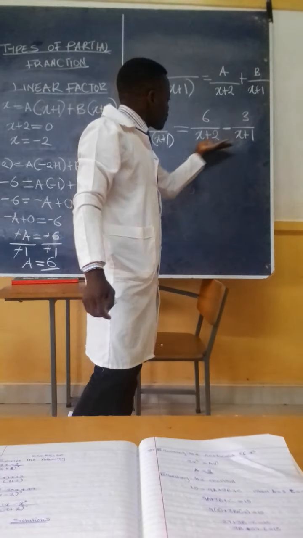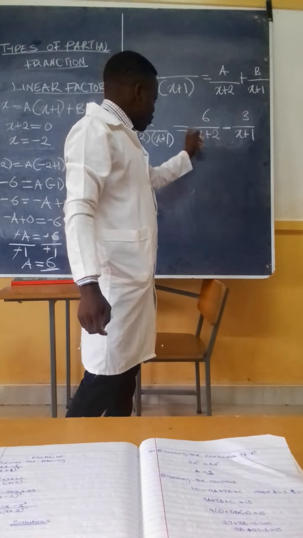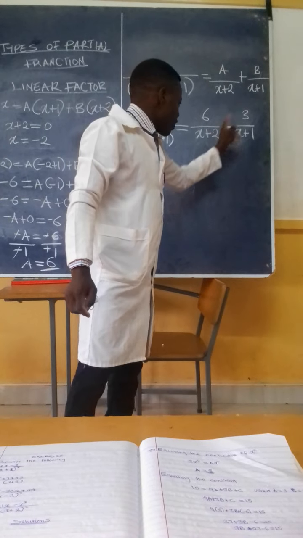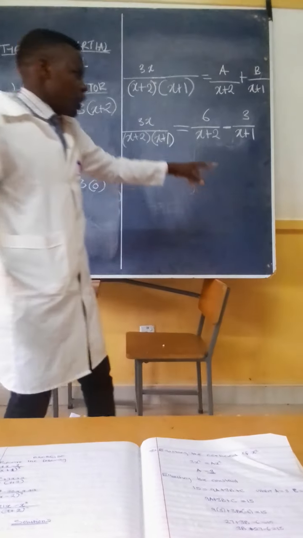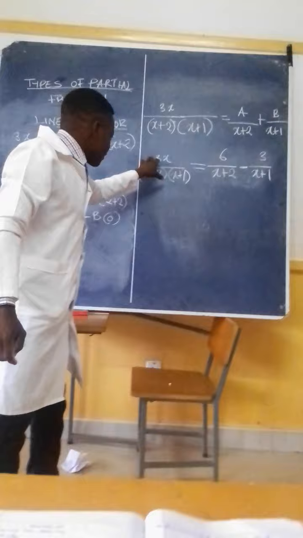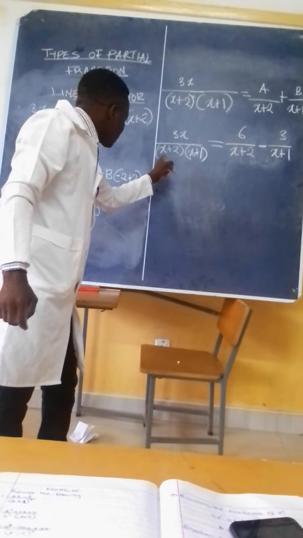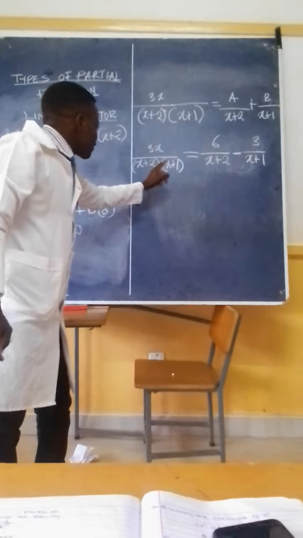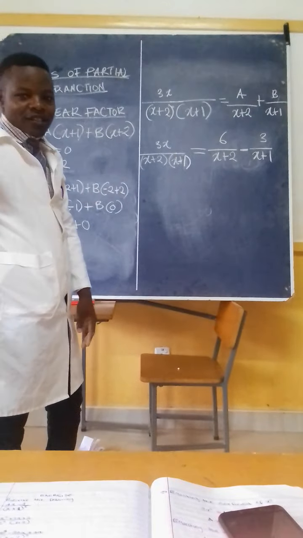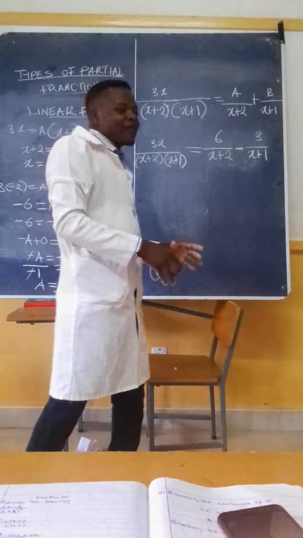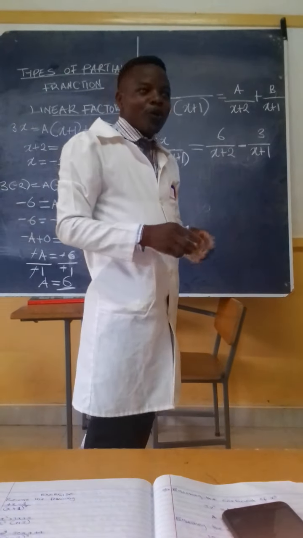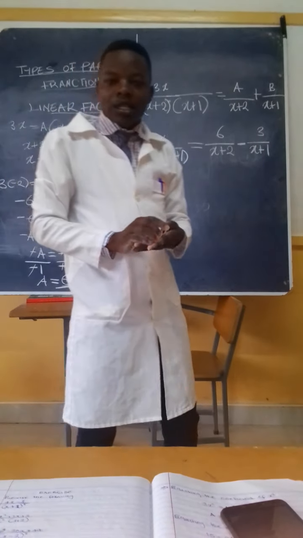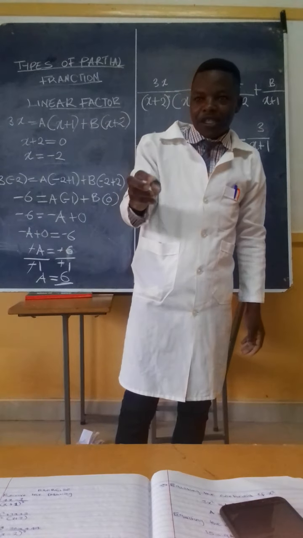If we solve 6 over x plus 2 minus 3 over x plus 1, the answer will be 3x over open bracket x plus 2, close bracket, open bracket x plus 1, close bracket. I think this is a very good example of resolving linear factors into partial fractions.